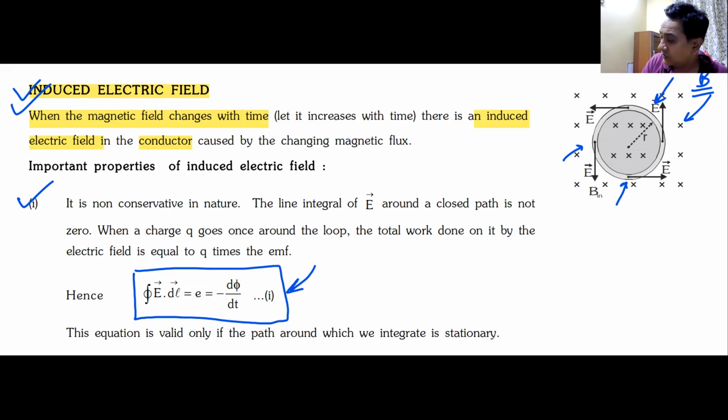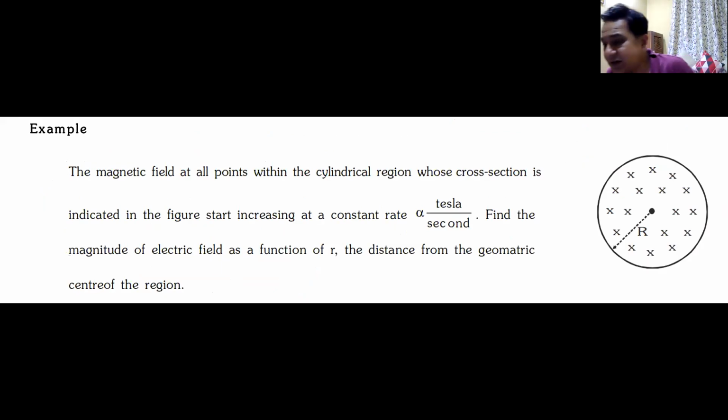Now, they might give you a question of finding out the value of this electric field which is moving in circles. I will just show you how it is done and you must remember the results. So the question would be of this nature. You will have a magnetic field which is changing with time in a cylindrical space at some rate.